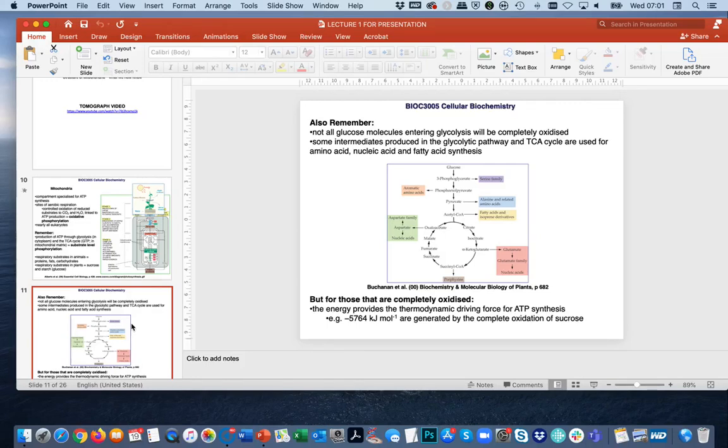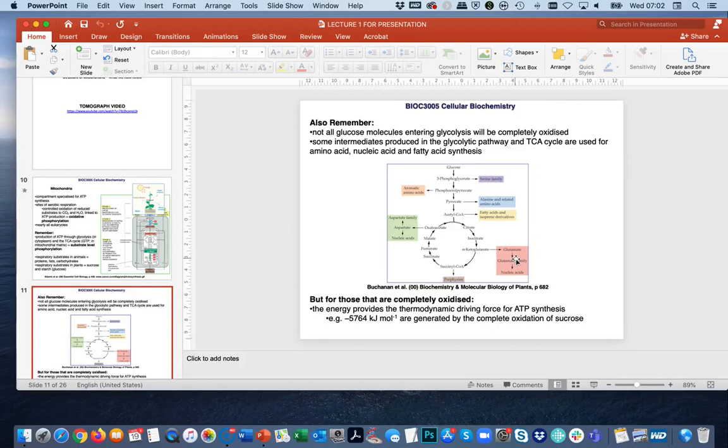They're used to make amino acids, nucleic acids, fatty acids as well. And so the diagram on this slide shows those different branch points and how different amino acids are made, and how fatty acids and some nucleic acids, they're also included in the diagram, right?